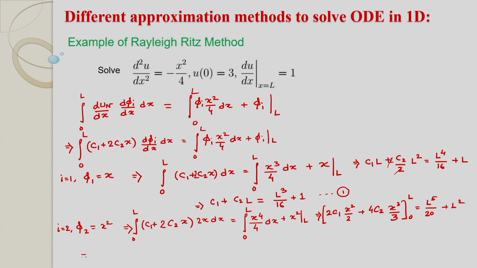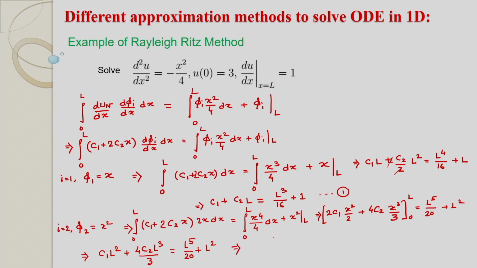If you write it further, this will be C1 L square plus 4 C2 L cube by 3 equal to L to the power 5 by 20 plus L square.